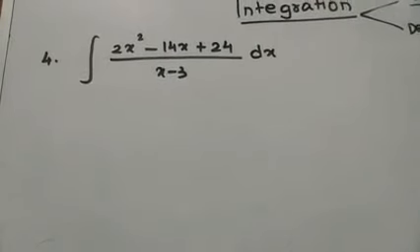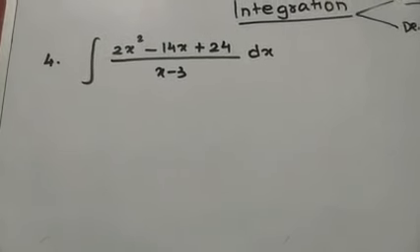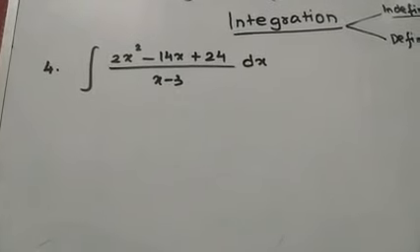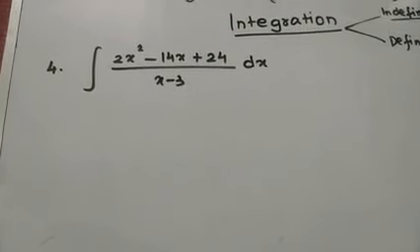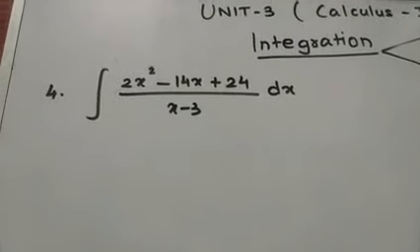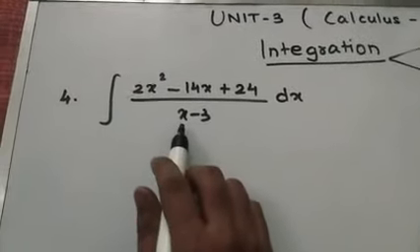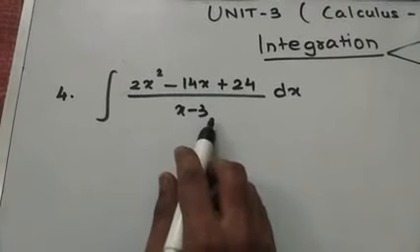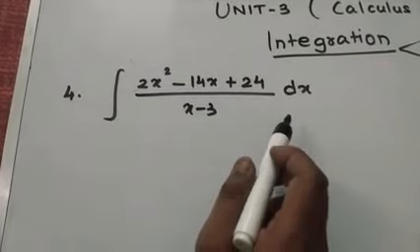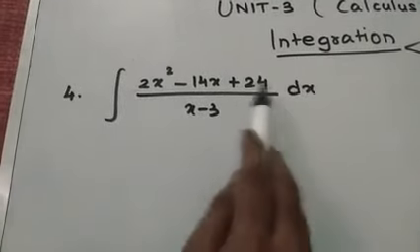Now question number 4, integration over 2x square minus 14x plus 24 divided by x minus 3 dx. Okay, now here we can see that in the denominator there is not a single term function, there is an equation type, a linear equation x minus 3. So what we'll do, first of all we will factorize your numerator.